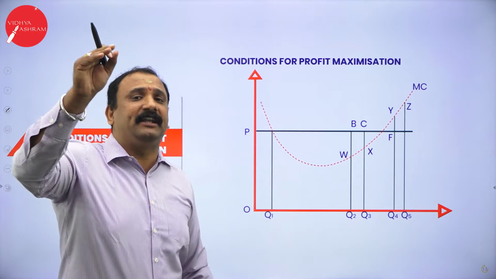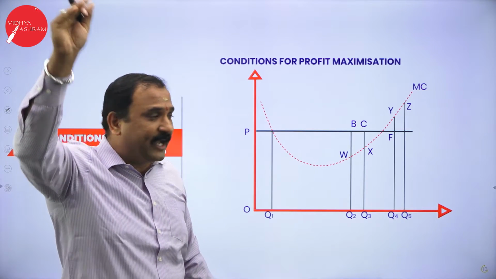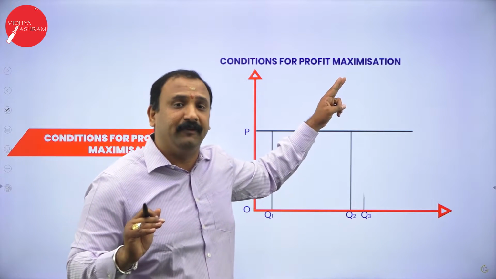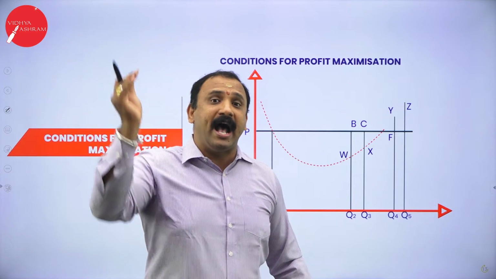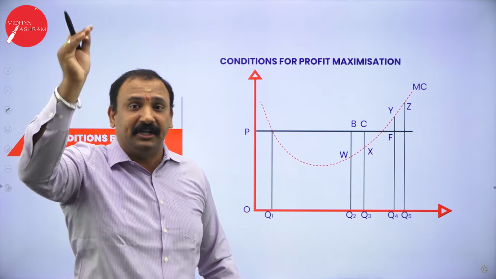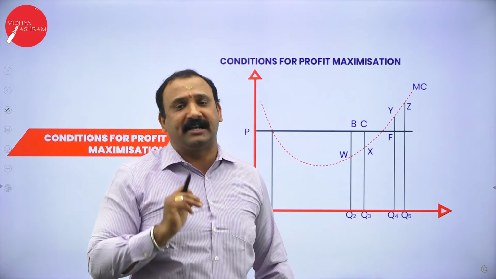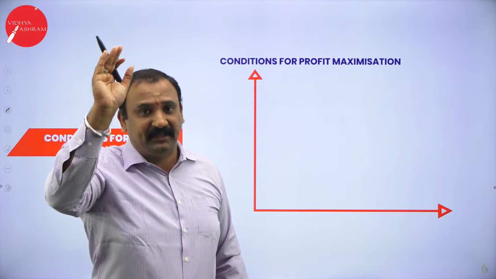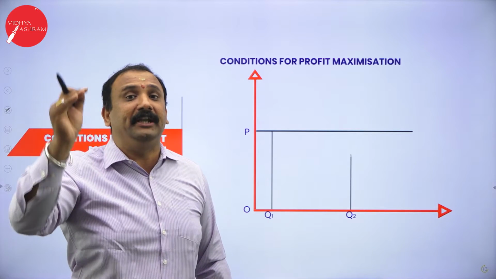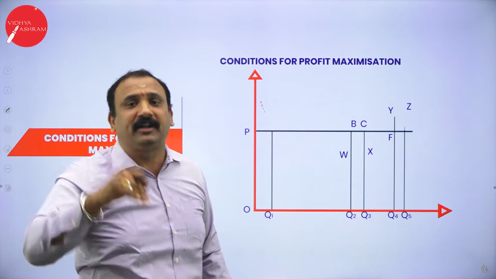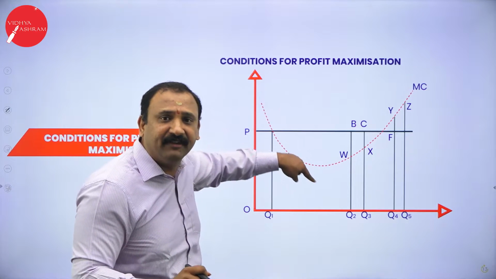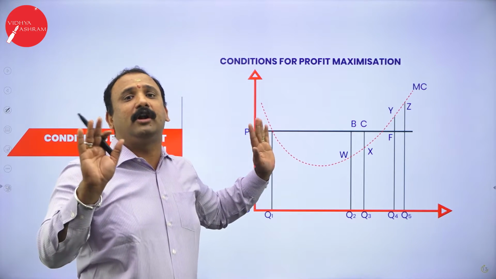But by the time I reach Q4 and Q5, the marginal cost is also significantly going up, if you observe the graph. So as per our condition number 2 in profit maximization, at any given point of time, the marginal cost must be non-decreasing. It should not come down. So if it comes down in this area, then we are not making profit.